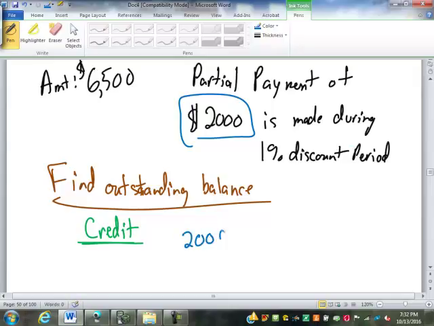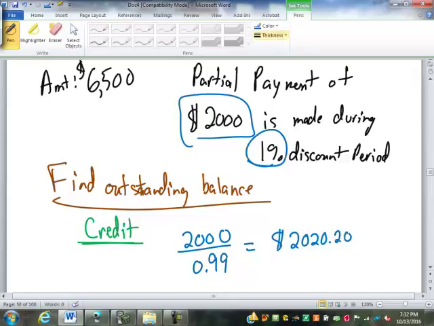So our $2,000 payment divided by 0.99 for the 1% discount gives us $2,020.20. That is the amount that gets credited to our account for that payment.